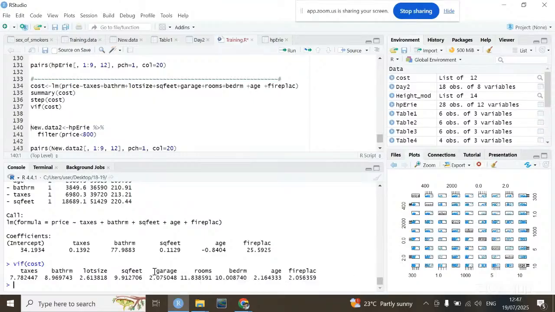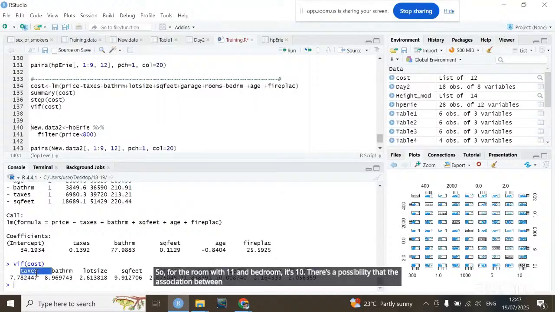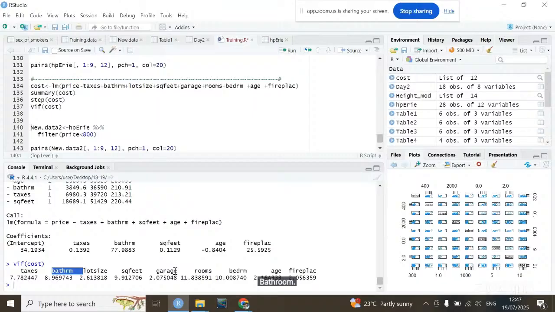There's a possibility that there is association between this bathroom, rooms, and bedrooms. So this one would require what? Any variance inflation factor of more than 10 is too big.